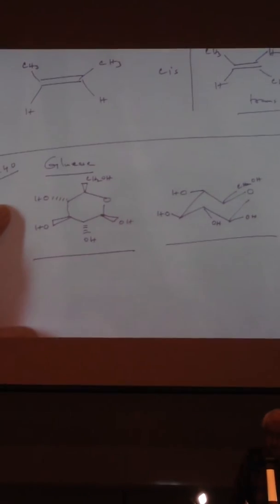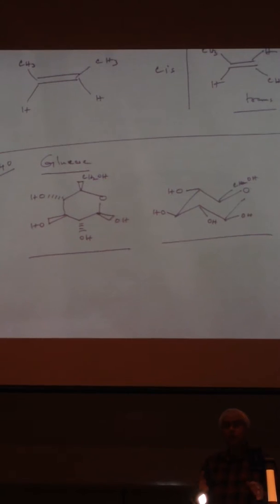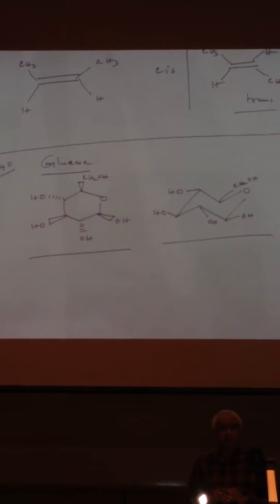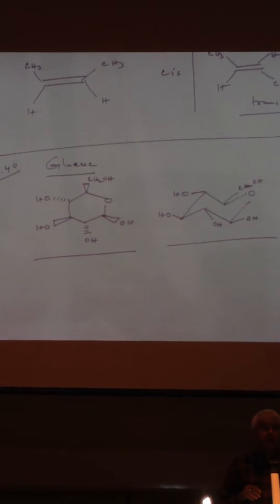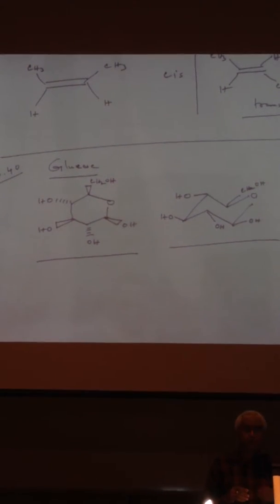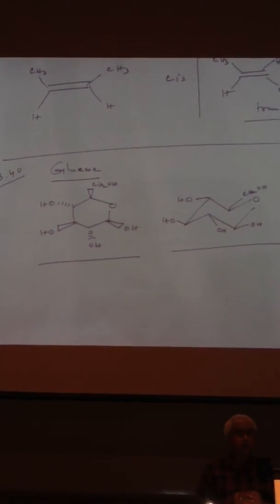So this one, therefore, we draw as CH2OH. So this structure and this structure essentially are the same. One is converted to the chair. And there are some problems in the handout as well. We'll go over that. Any question on this?